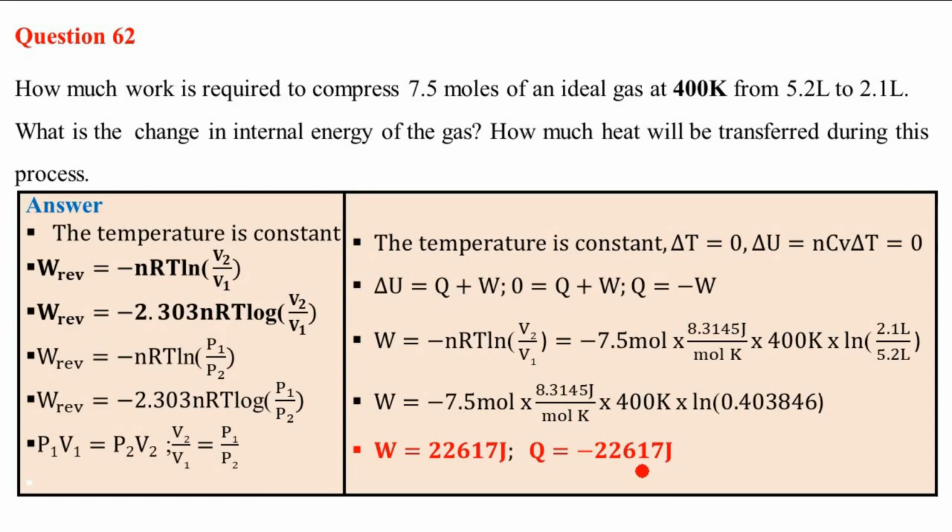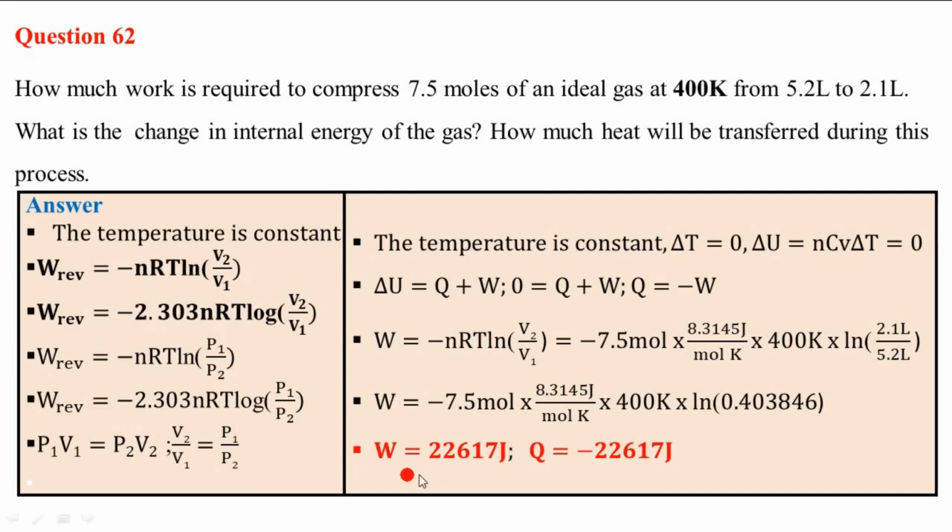During isothermal compression, the temperature should be constant. If you are compressing the gas, the temperature is going to increase, and for you to keep the temperature constant, you should remove some heat. That is the reason why this heat is negative. That means the heat has to be removed so that the temperature remains constant.